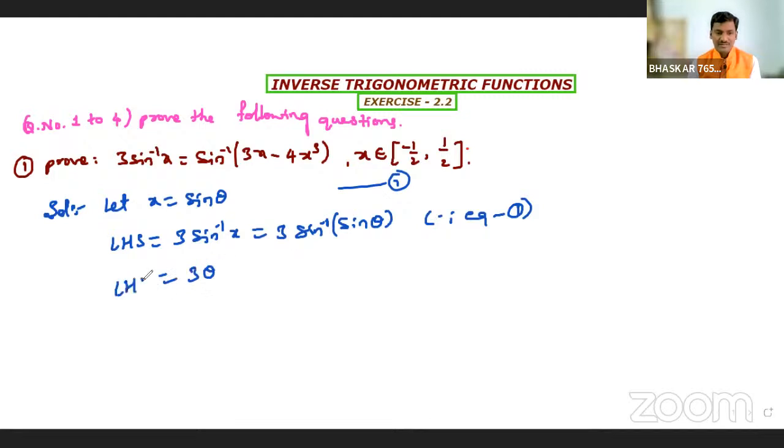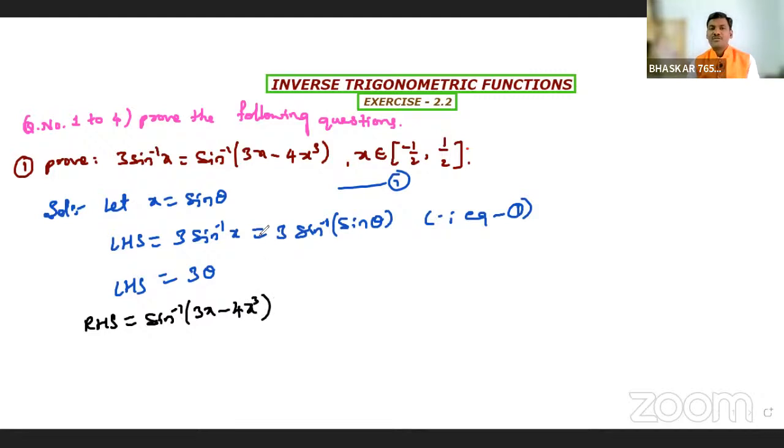This is the LHS value. Now I am taking the RHS. RHS is sine inverse of 3x minus 4x cubed.